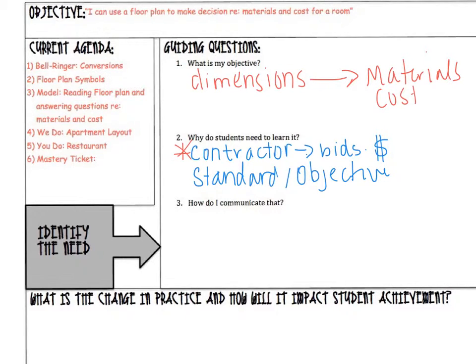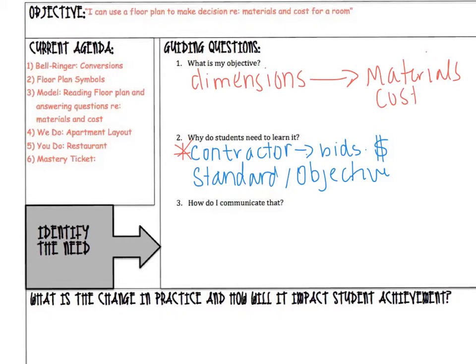All right, so stepping out, what did I do? Well, I identified the different reasons why students would need to learn this or even use this in the real world. And then I decided that I was going to focus on the first one rather than the second one. And why did I do this? Well, I'm trying to identify the need for the students, not for me. Like, I have the need for me. So I did this in order to make it more relevant.